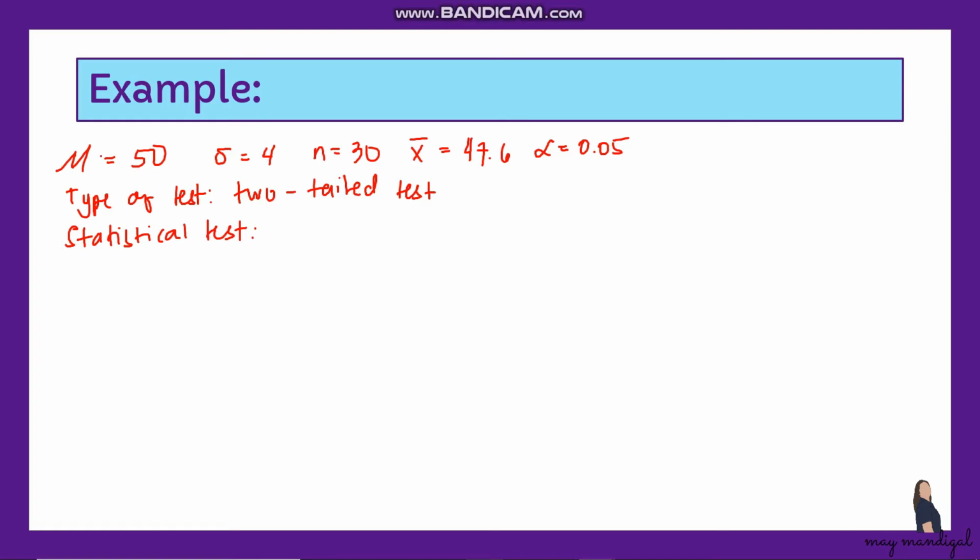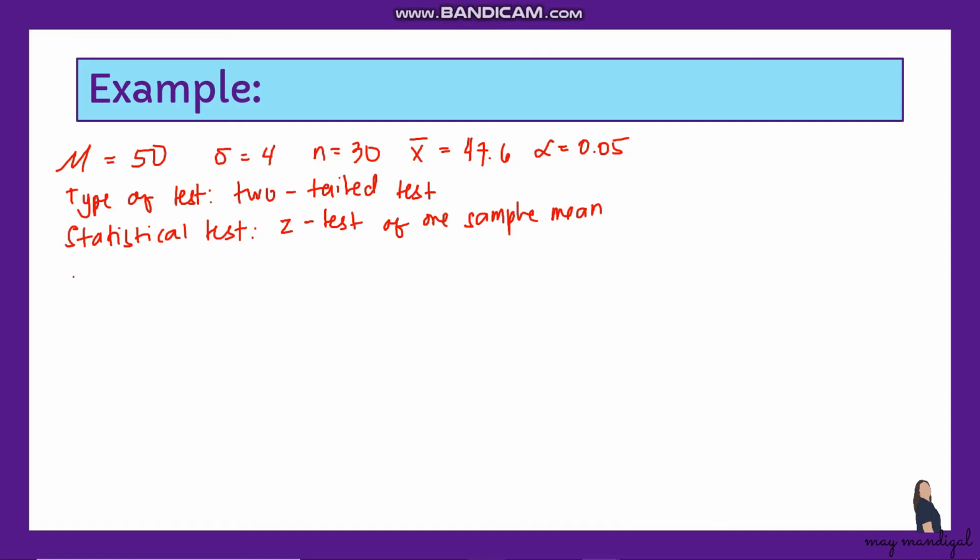What we have is the population mean. We also have our population standard deviation. And if you go back to the conditions for our z-test, once you already know the population standard deviation, you can already use the z-test of one sample mean. So that will be our statistical test. So z-test of one sample mean.